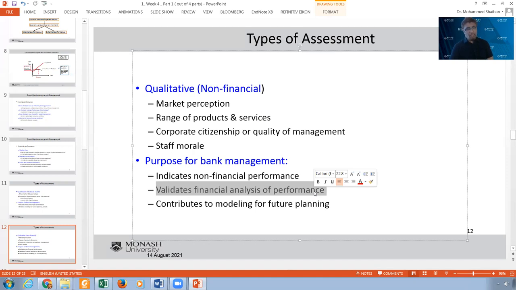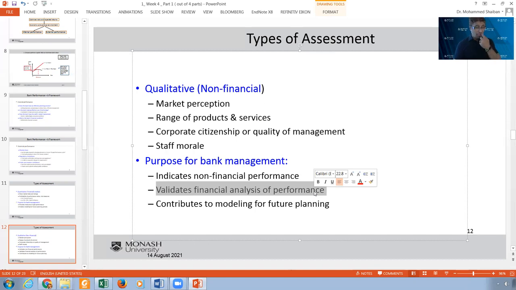How come my share price is doing well, but my reputation is going down? How come I am the worst bank in, say, products and services, but when we go to the market, or when you see my financial reports, I'm the best? So there must be some questions there.